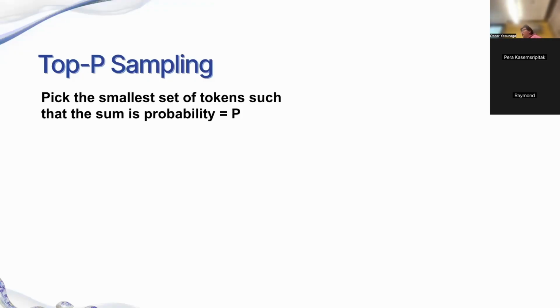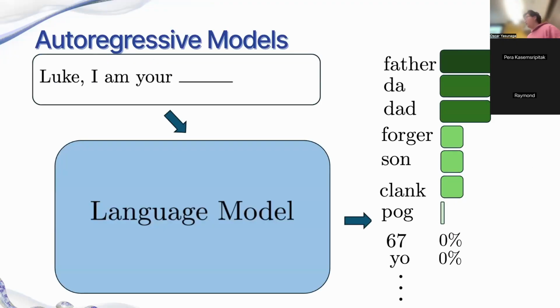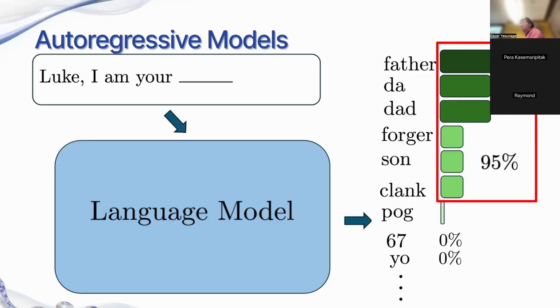The other one that's very popular is called nucleus sampling, or top P. Pretty much it's similar to top K, but with more fine-grained control, where you're basically saying pick the smallest set of tokens that all add up to P, where P is a hyperparameter. Generally speaking, the steps would be: first you have this probability distribution, you sort it from greatest to smallest, and then you do a cumulative sum.